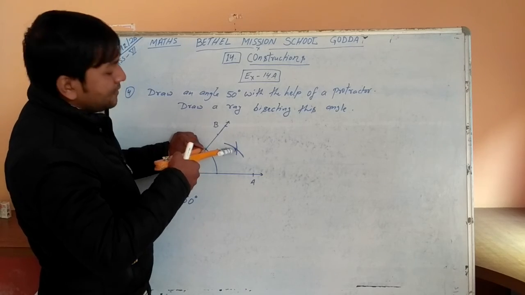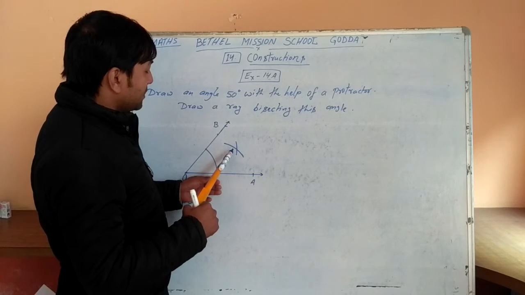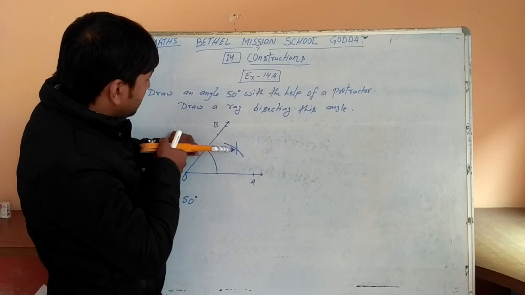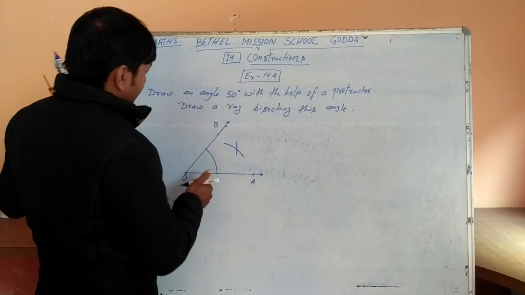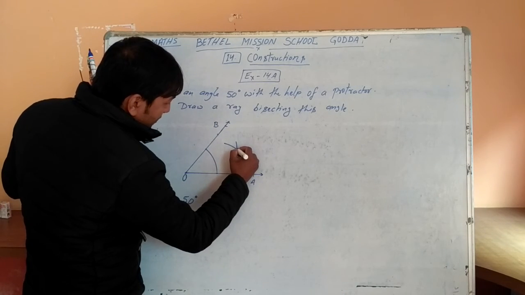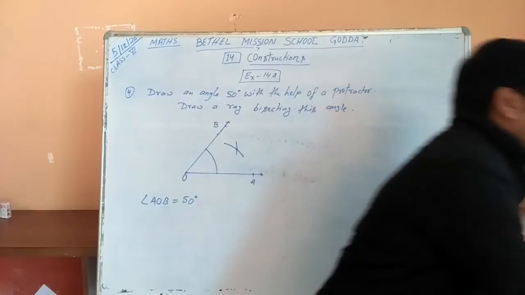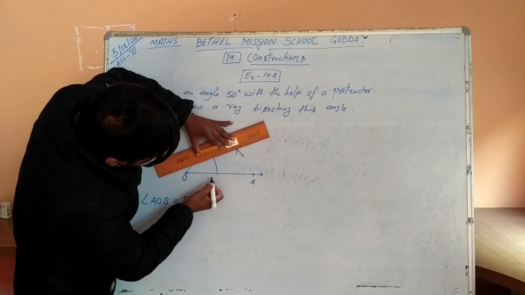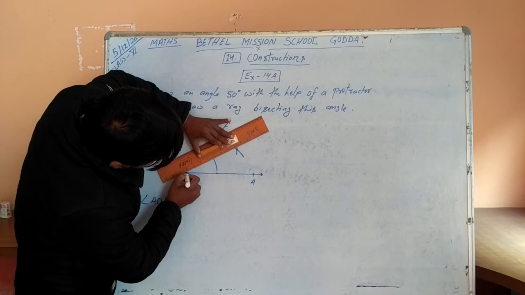It cuts here. I have drawn first from this point and now from this point, okay, and now you have to draw a line through O and this point.